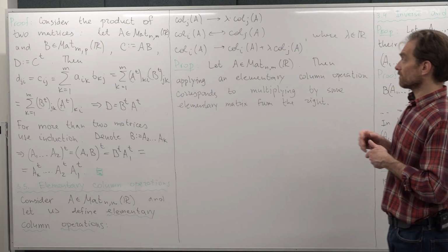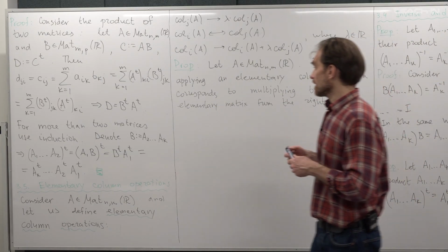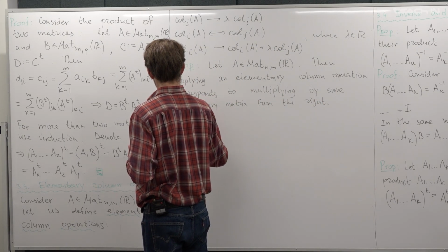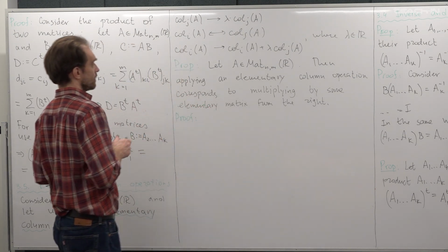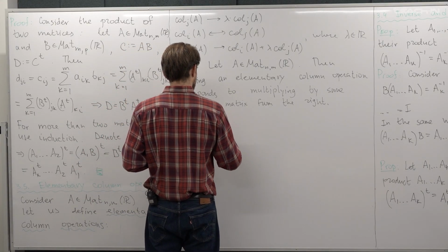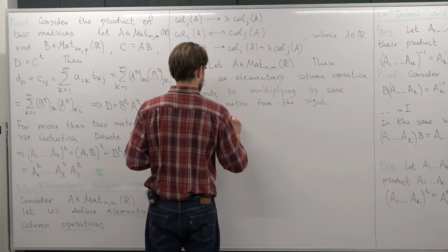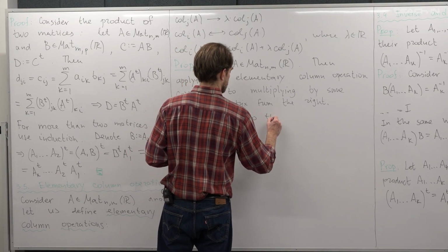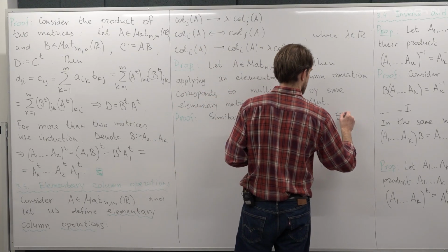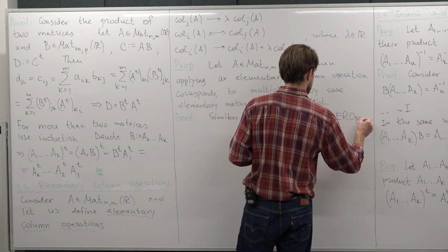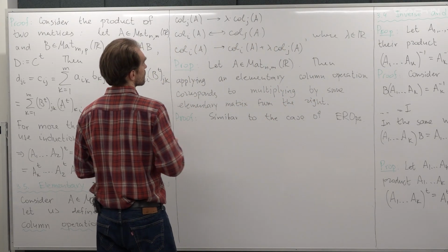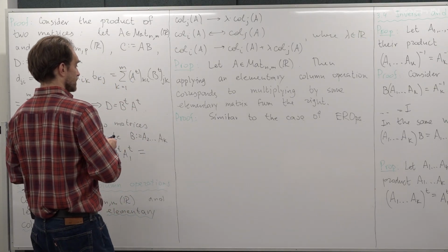So this is proved very similarly to the case of elementary row operations. I will just give the corresponding matrices. So the proof is similar to the case of elementary row operations. So what are the matrices?